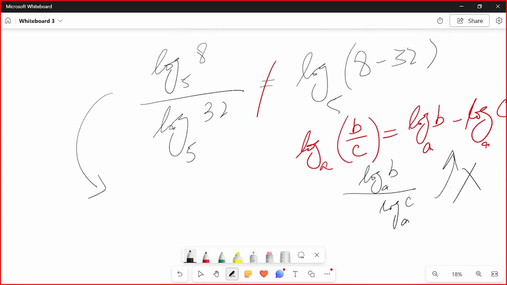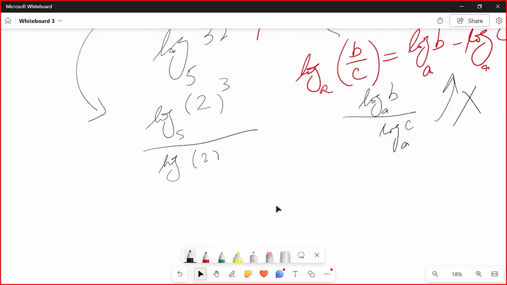So I can write log to the base 5 of 2 raised to the power 3, divided by log of 2 raised to the power 5, since 32 is 2 to the 5.